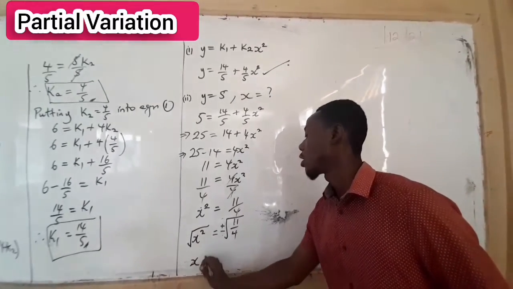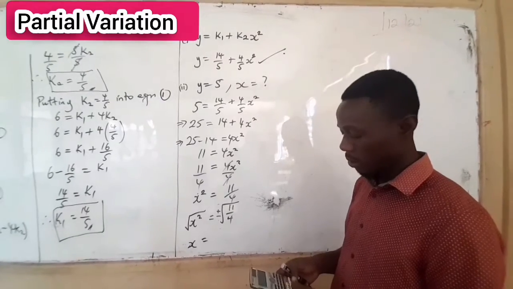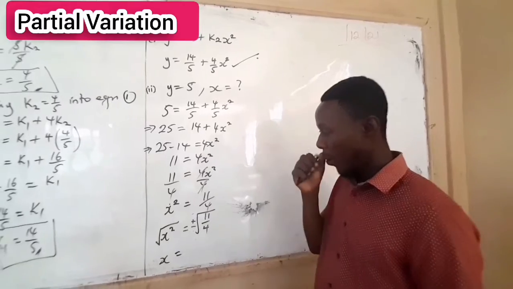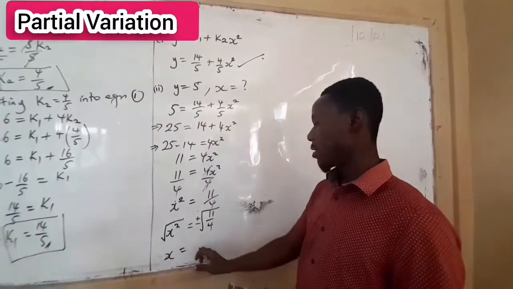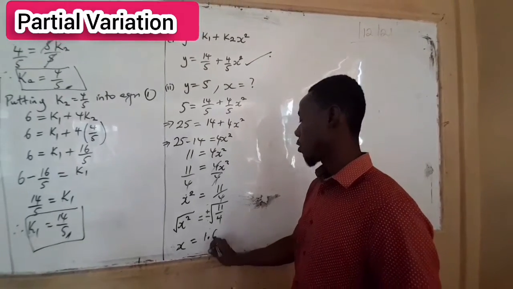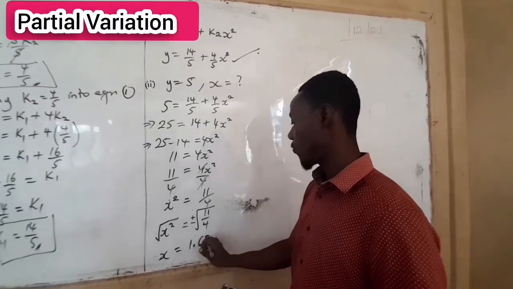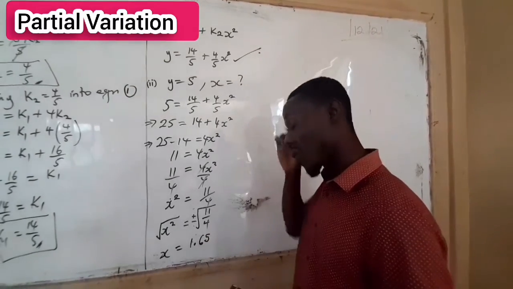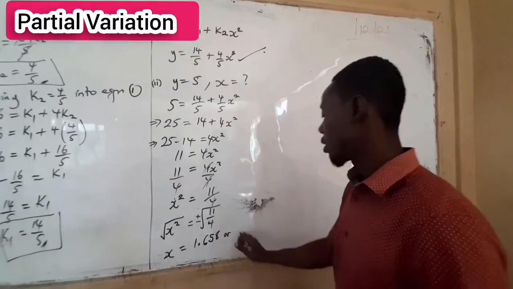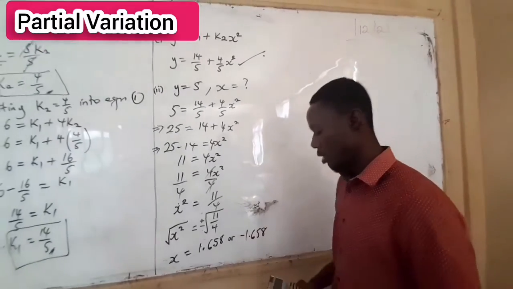Then, finally, the root of 11 out of 4, the answer is 1.658 or negative 1.658.